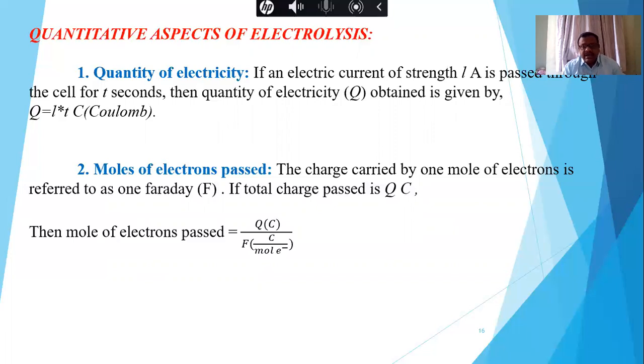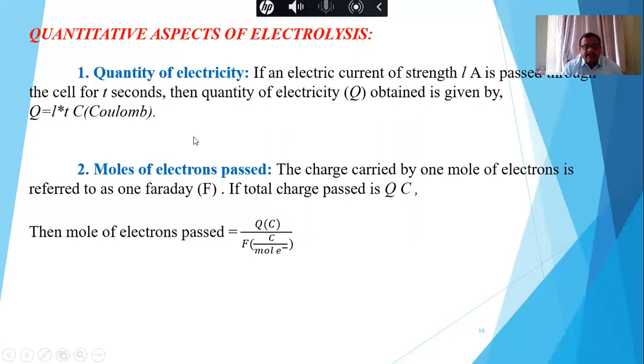If an electric current of strength I amperes is passed through a cell for t seconds, then the quantity of electricity, that is Q, is given by Q is equal to I into t, which is given in coulombs.